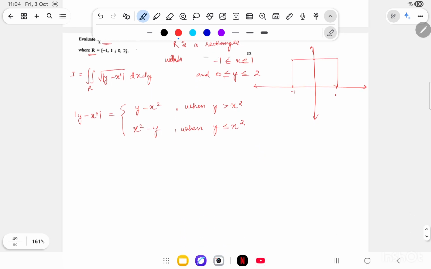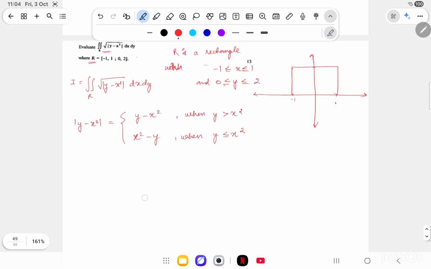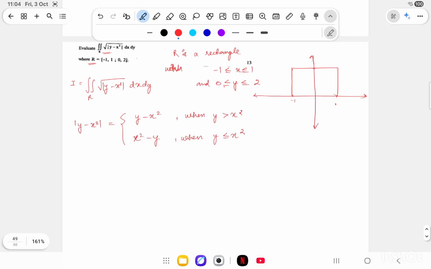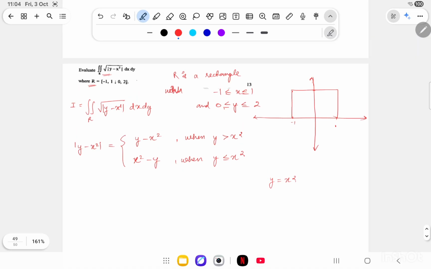Let's see how the value of y changes. First let's draw the graph of y equals x square. It will be an upward opening parabola, somewhat like this.